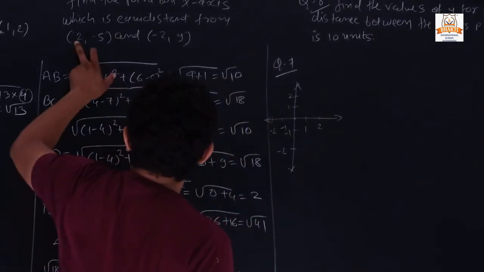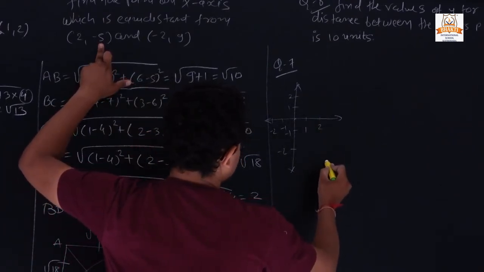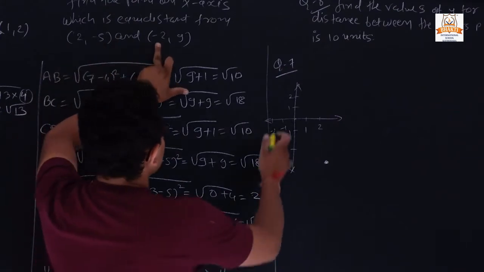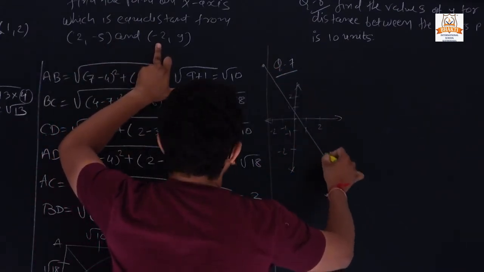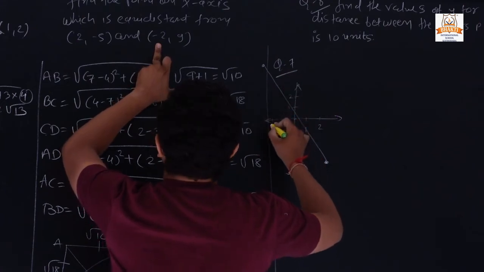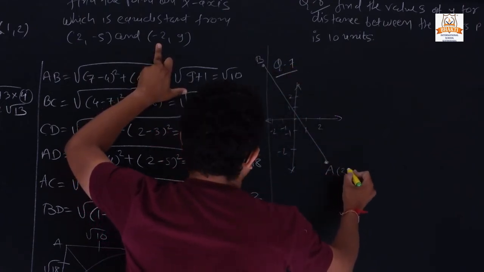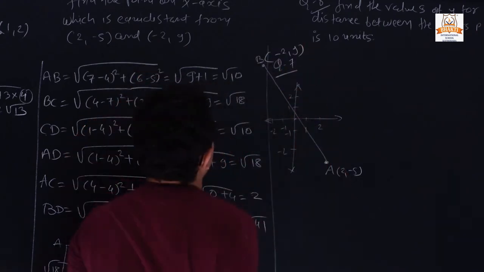So 2 comma minus 5, something is here. Clear, we can draw the approximately minus 2 comma plus 9, so it is here. So if we draw the line, it is our point B and this is our point A, 2 comma minus 5 and it is minus 2 comma 9.